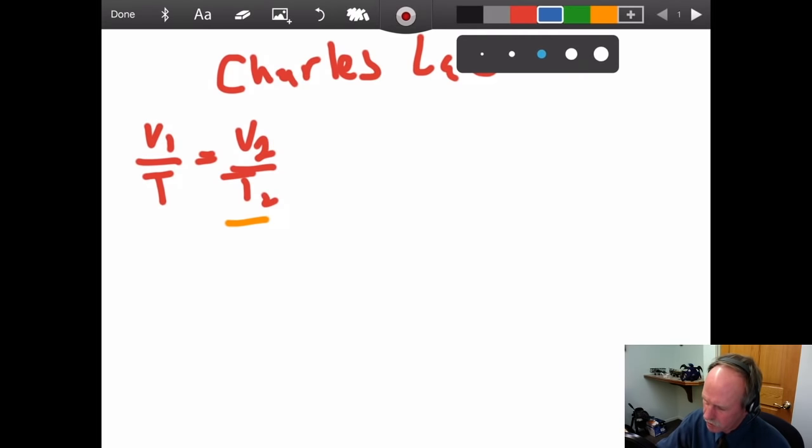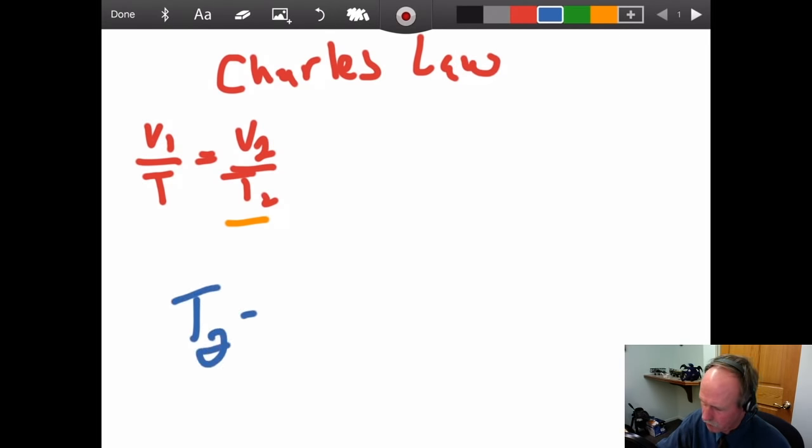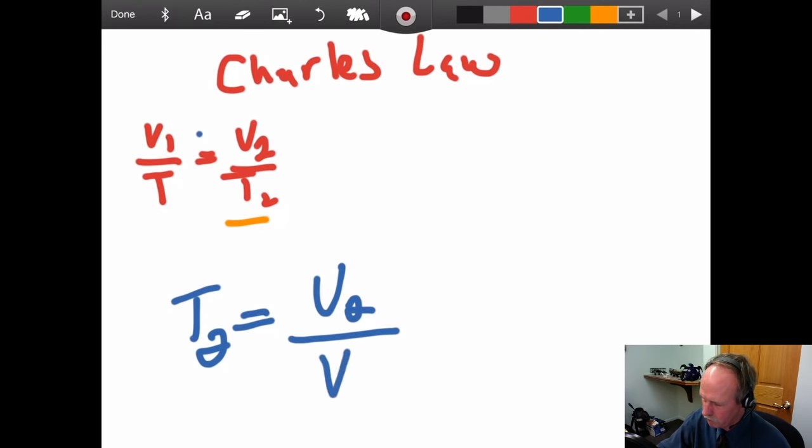Now, T2 equals V2 divided by V1 times T1. See how that all works out together?